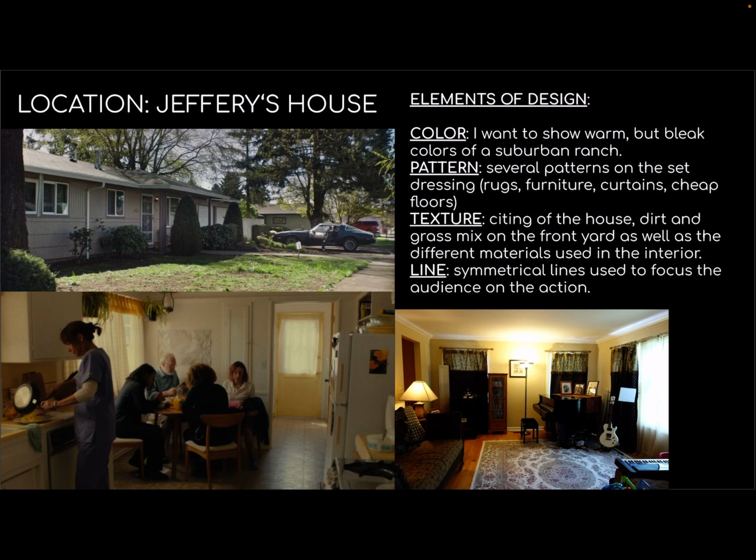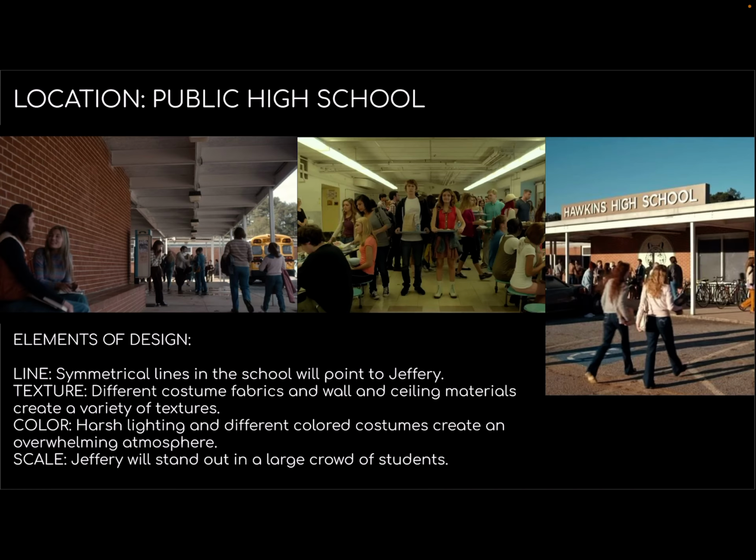And yeah, so next we have our public high school, and this is where Jeffrey feels unsafe, where he feels claustrophobic, so it's really important that I emphasize line, texture, color, and scale in my elements of design. Line for the same reason, to stay symmetrical, so we can point to Jeffrey as the main focus, since he is going to be in a sea of students a lot of the time.